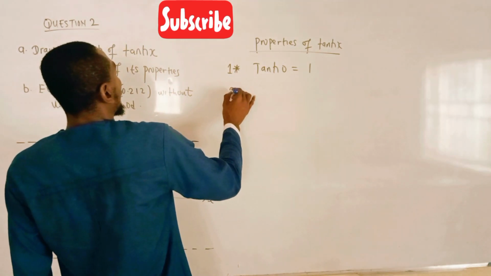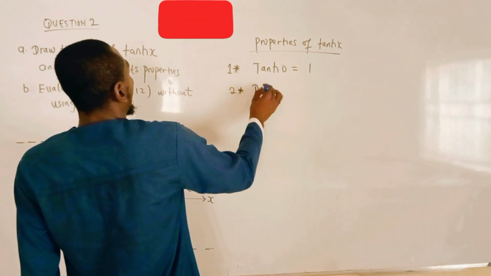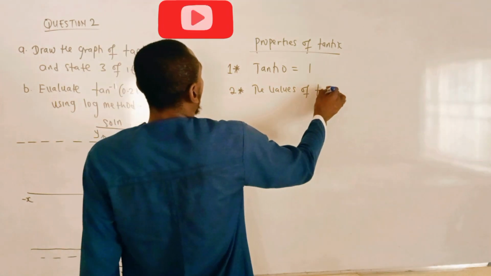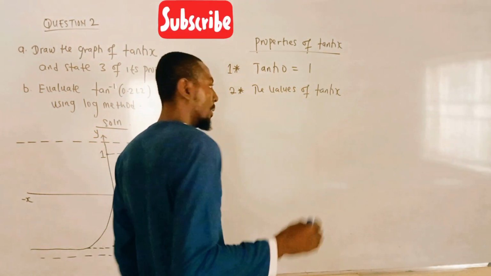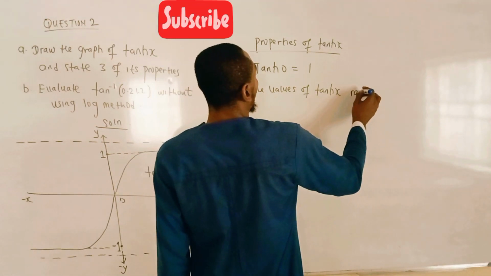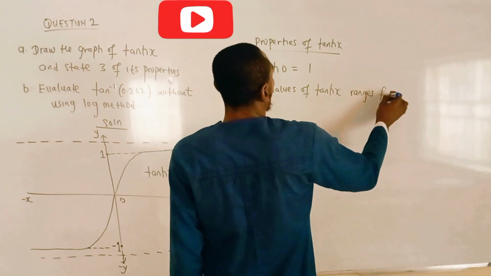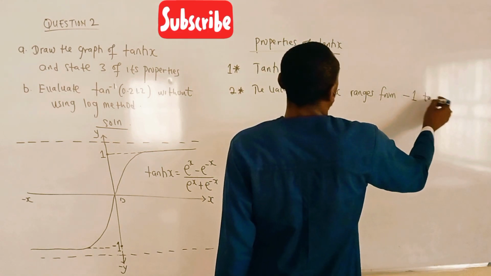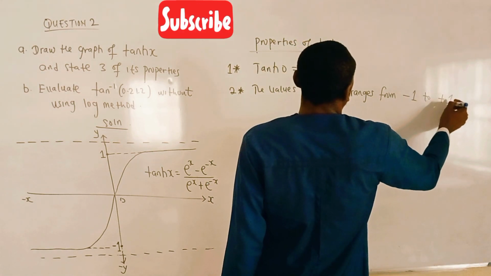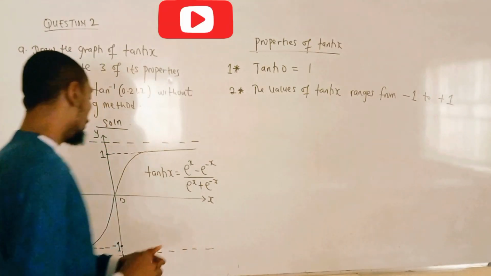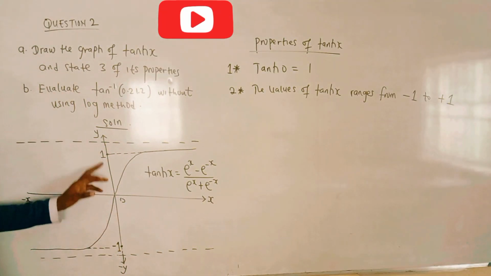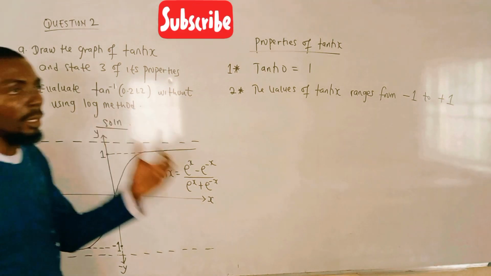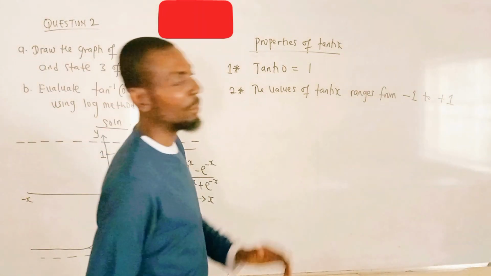Then secondly, the values of tanh of x range from -1 to +1. As you can see from the graph, we have the limit from -1 to +1. That's the range of values of the hyperbolic function tanh of x.